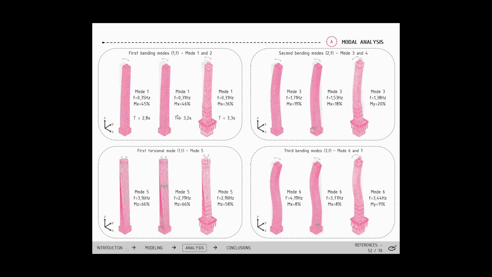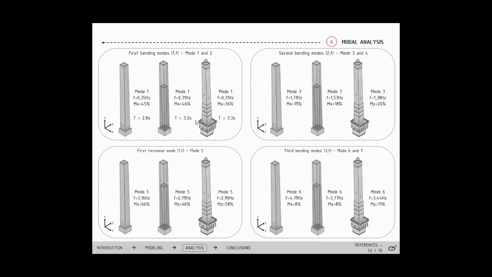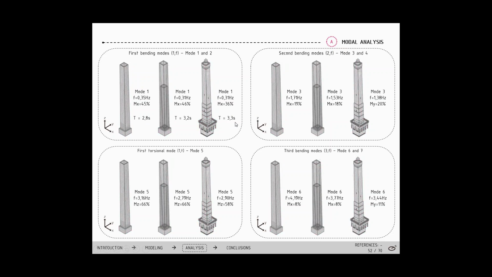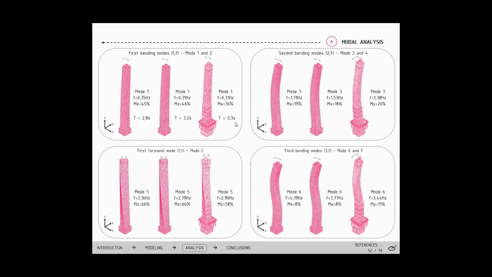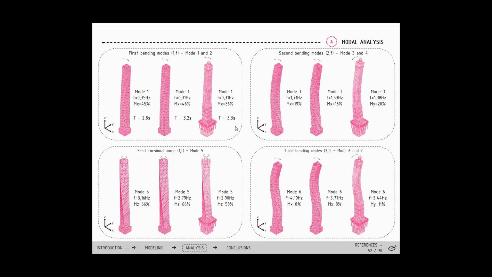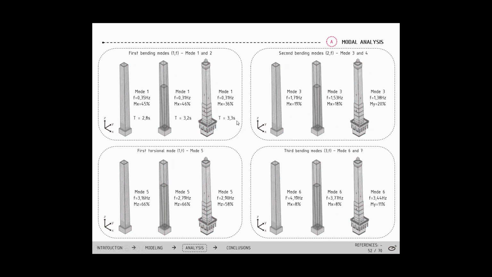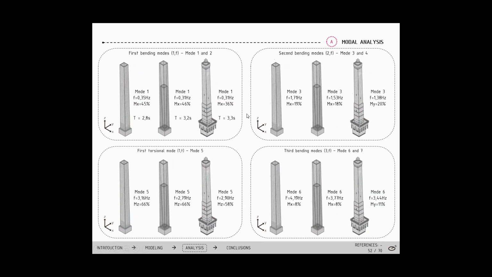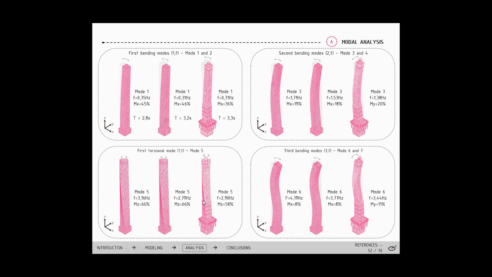The fundamental period arrives at 2.8, 3.2, and 3.3 seconds, respectively, for the 3 models of our study, showing a very flexible behavior expected for a tower of this kind. The modal shapes and the mass participation percentage are very similar to previous studies and between the models, but slightly different for the more complex model.